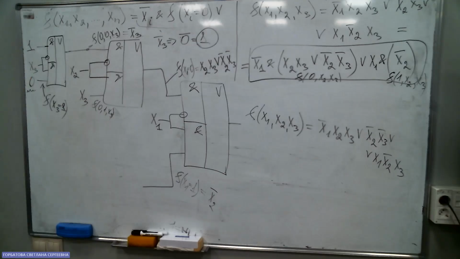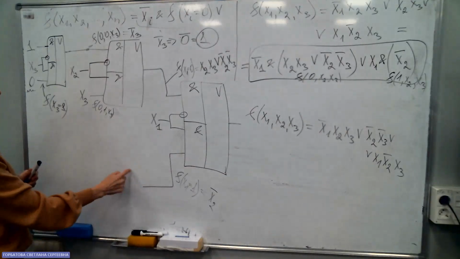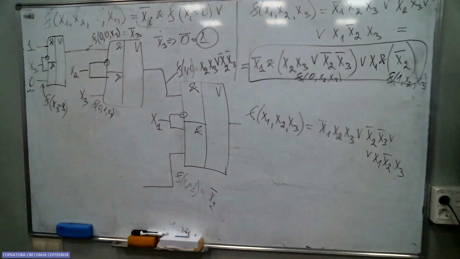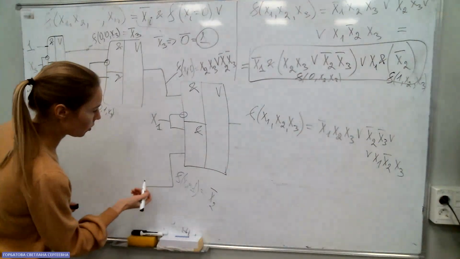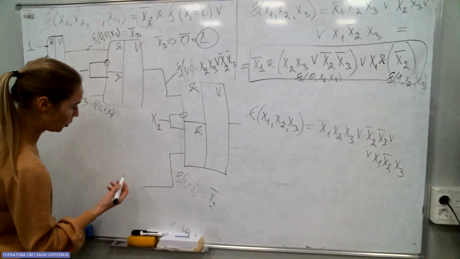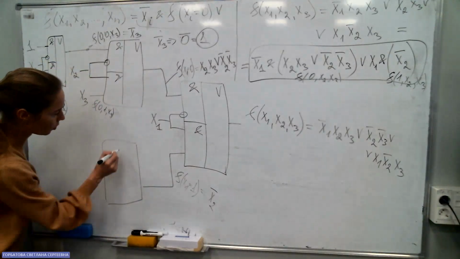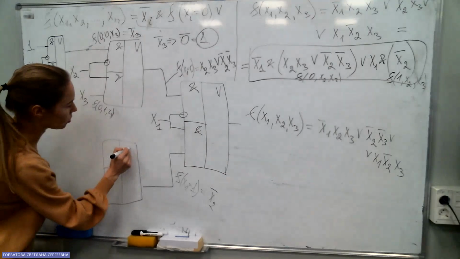So we stop here. But we need to finish this part. So here not x2, so we need to add one more block, Shannon block, eliminating x2.